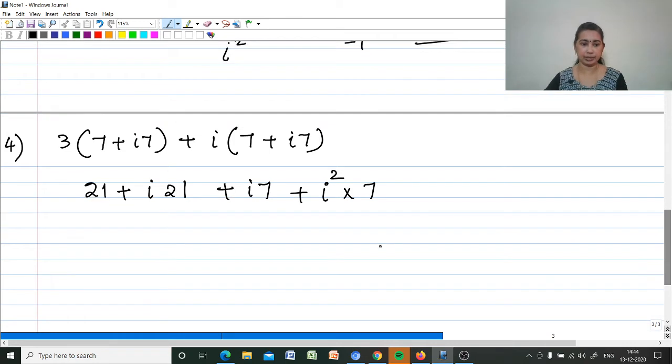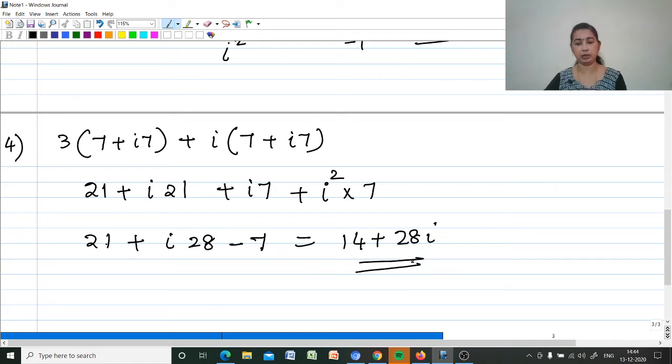And that is the same as 21 plus i21 plus i7, which is i into 28, and i square is minus 1, so minus 7. So 21 minus 7, the real parts can be subtracted together. 21 minus 7 is 14 plus 28i. It is already in the complex number form. There is a real part and also an imaginary part, so it is already in the complex number form.